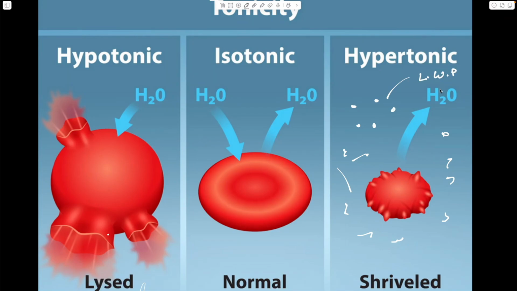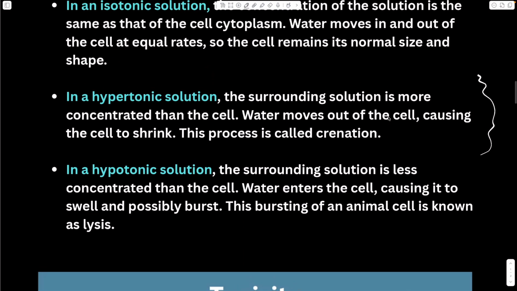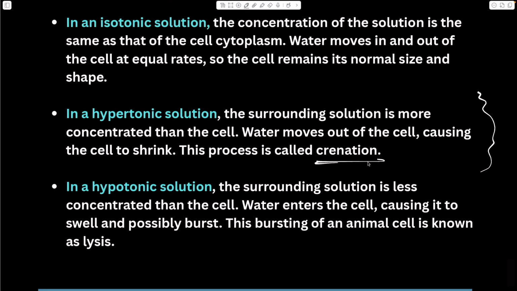I wrote LWP, okay, for short form. We do not have that much space, so I wrote it in this direction. So water moves from higher water potential within the cell to outside of the cell. So the cell shrinks in size. This process is known as crenation.